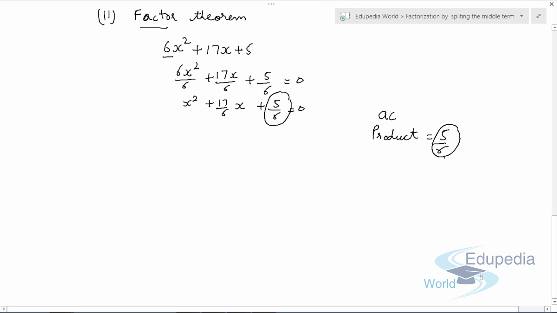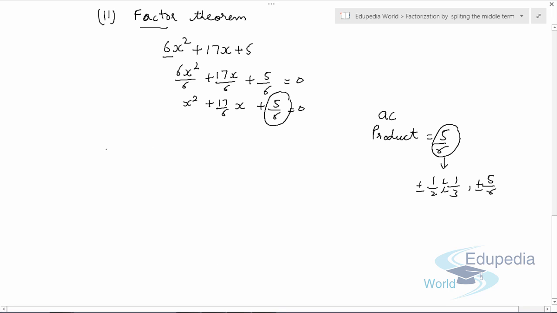So the factors can be 1 by 2 or 1 by 3, both plus minus, or the product can be plus minus 5 by 6. This is how you have to apply the factor theorem.